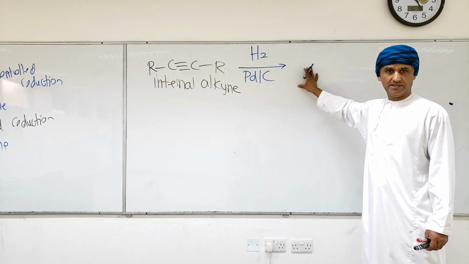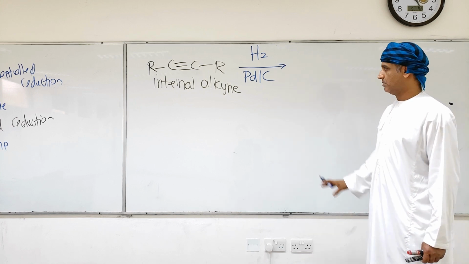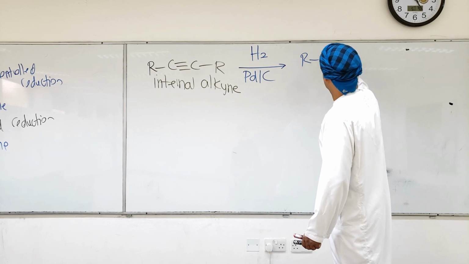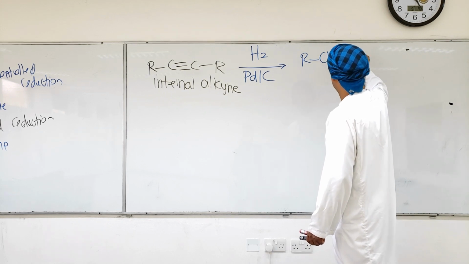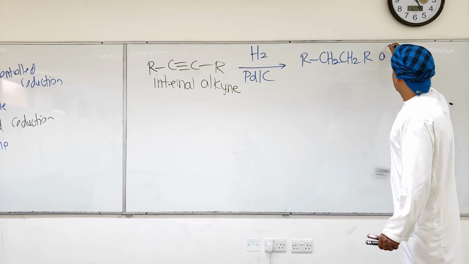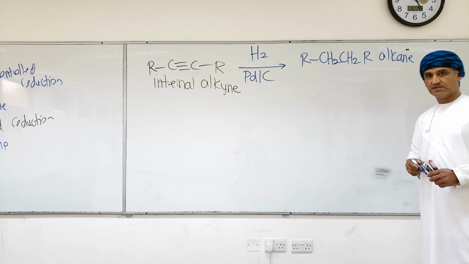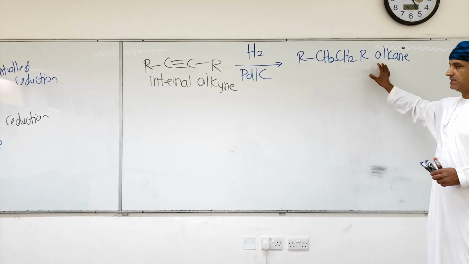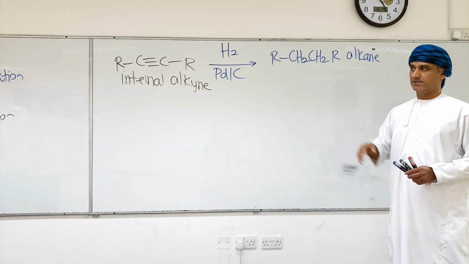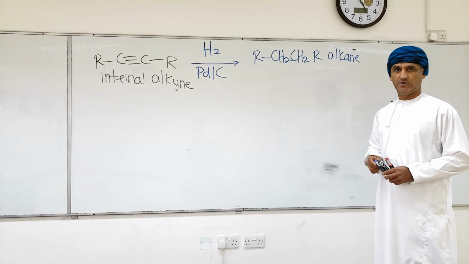So the reaction does go all the way, and the corresponding alkane is produced. Double addition of hydrogen to the carbon-carbon triple bond results in the alkane. This is uncontrolled reduction of alkynes, similar to the reaction of terminal alkynes with hydrogen in the presence of palladium on carbon.